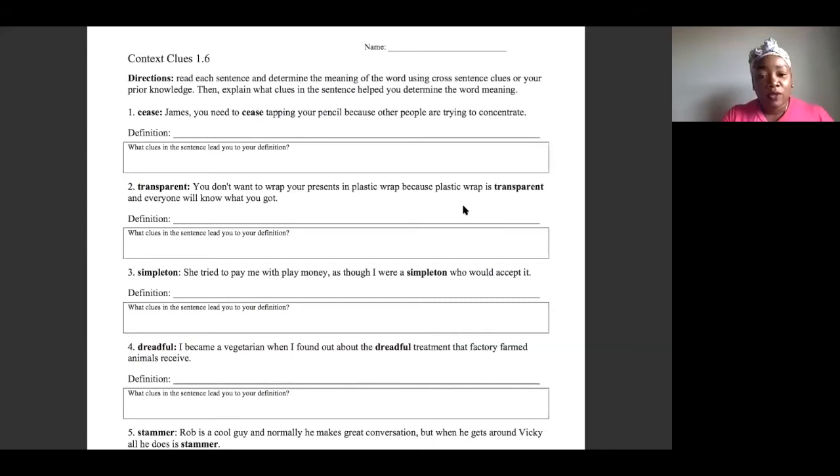The first one says, read each sentence and determine the meaning of the word using cross-sentence clues or prior knowledge. Okay, I see some persons already putting the answers in the chat. Before you put the answers in the chat, let's look at the clues first.